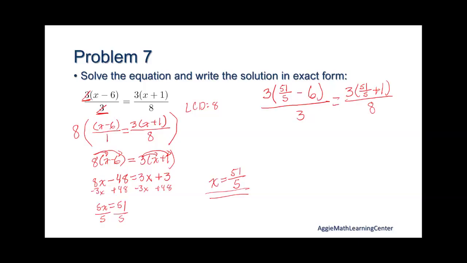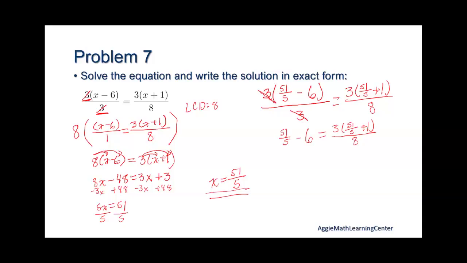Yes, we can. Those will divide to 1. So you get 51 over 5 minus 6 is equal to 3 times 51 over 5 plus 1 all over 8. Where else can we simplify? Can we multiply both sides by 8 again, or no? To get rid of that, divide by 8.